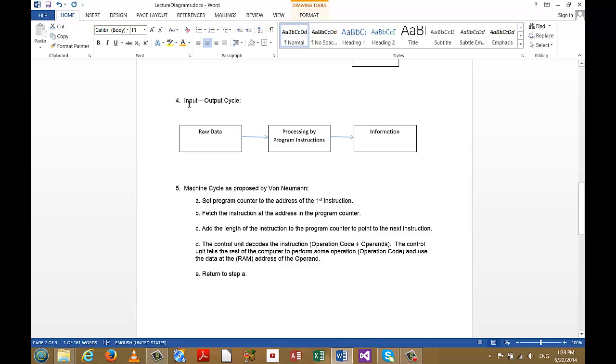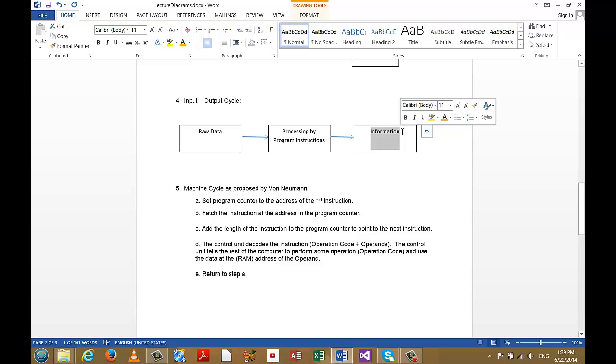The next part of the diagram deals with something called the input-output cycle. And this is a real simple diagram, and it's what I might describe as computing in a nutshell. So when we develop an application, what we're really looking to do is to provide a set of instructions that have the ability to take some kind of raw data input, transform it in some way into some desired output.